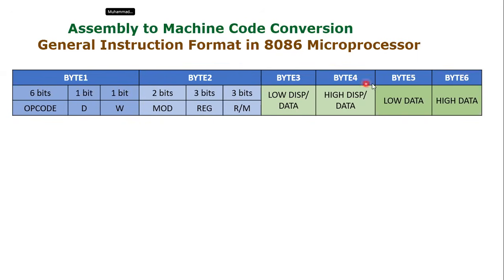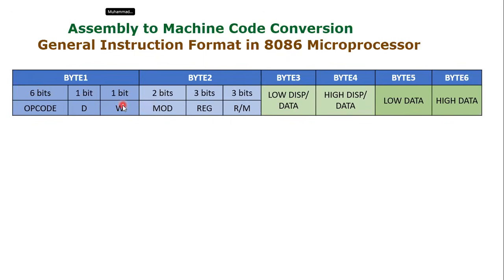So the maximum size which can be taken by an 8086 instruction goes up to byte 6. That is why the general format covers byte 6, but it depends. Sometimes we will only use the first 2 bytes, or sometimes the first 4 bytes, or sometimes the maximum length, which is 6 bytes, right? But it is a general format.